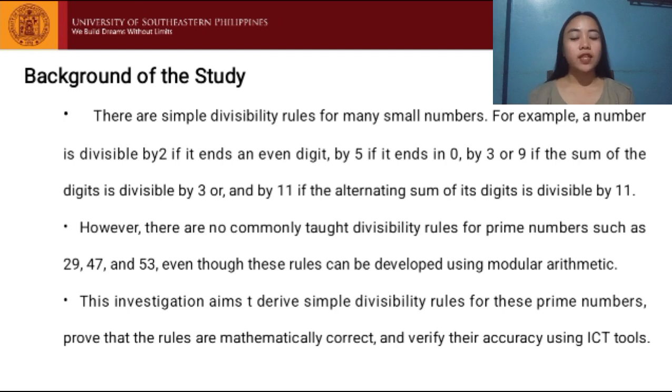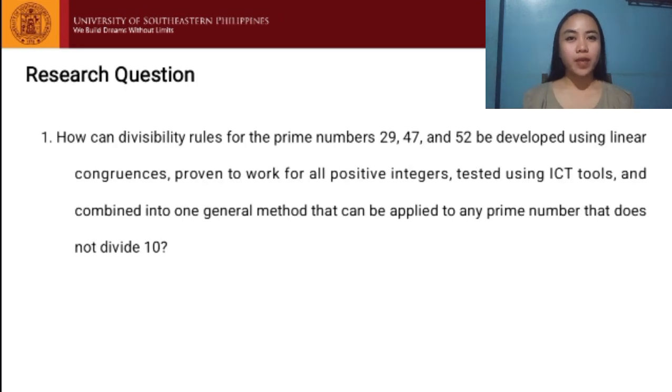We proved that the rules really work, and we tested them using computer tools to make sure that they are accurate. Our main research question is this: how can we create divisibility rules for the prime numbers 29, 47, and 53 using a method called linear congruences?